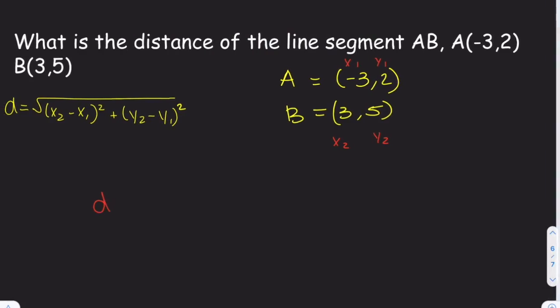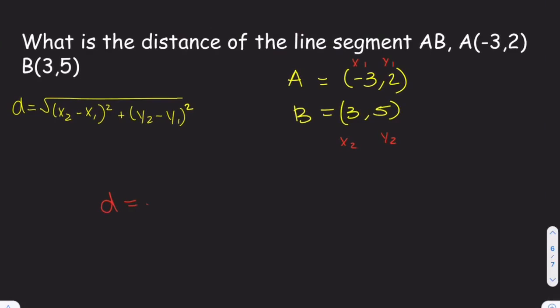D equals the square root of (3 minus -3) squared plus (5 minus 2) squared.